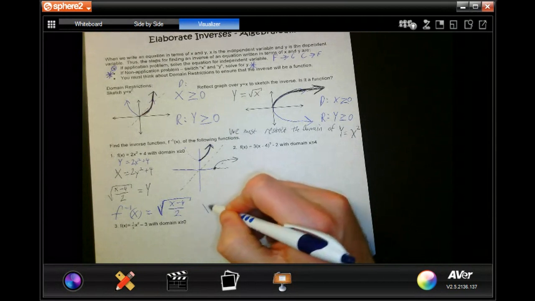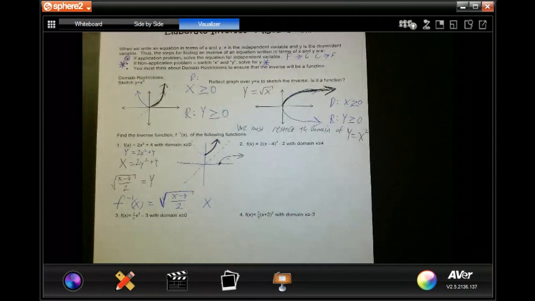So here's our inverse function. What's our domain restriction going to be? Here's where I want a lot of the thinking to take place today with this.